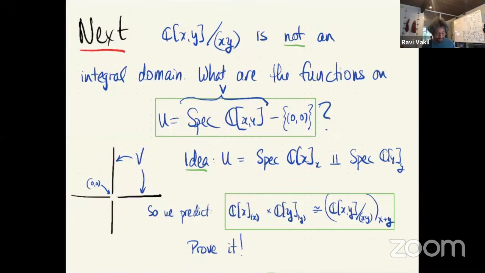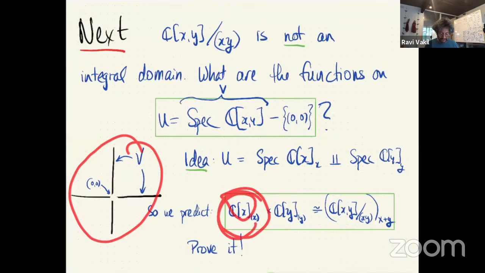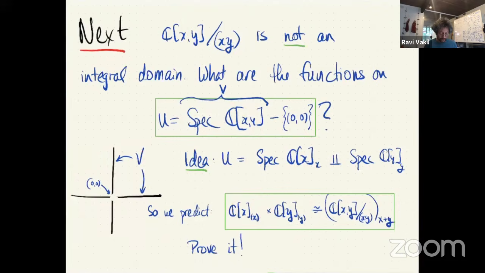If you look at that picture with the origin, you should believe, and now this is not a proof, that we have the x-axis minus the origin, union the y-axis minus the origin. And so that means you're predicting that the sections over this will be, well, you just need to choose a function in the first open set, and a function over the second open set, and they don't overlap. A different way to say this is, how can you get rid of the origin?